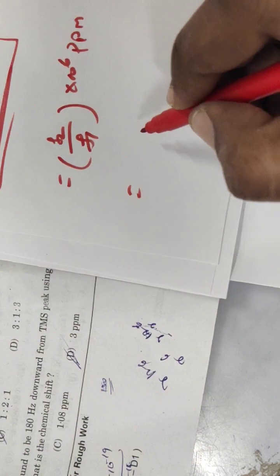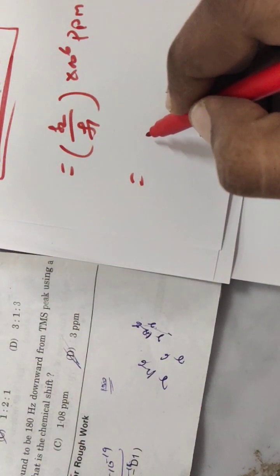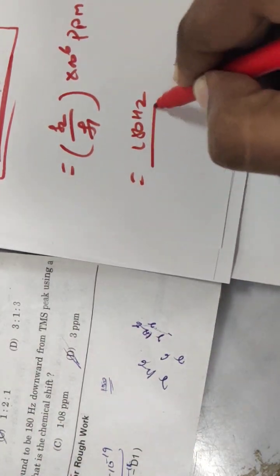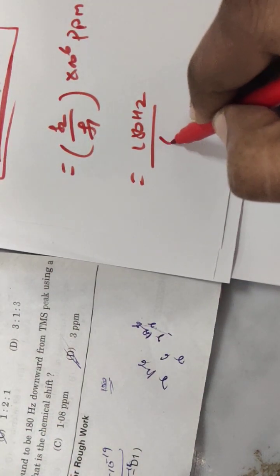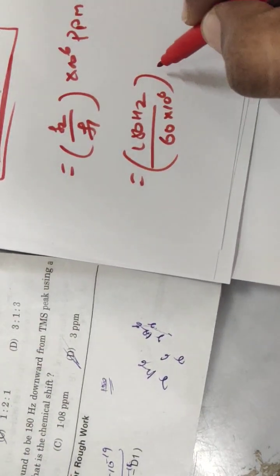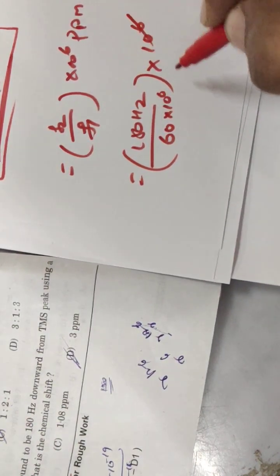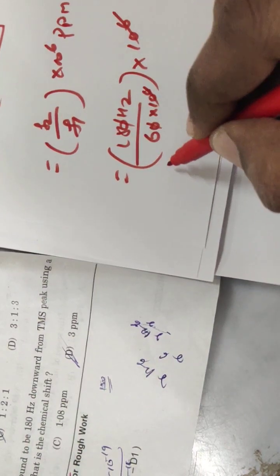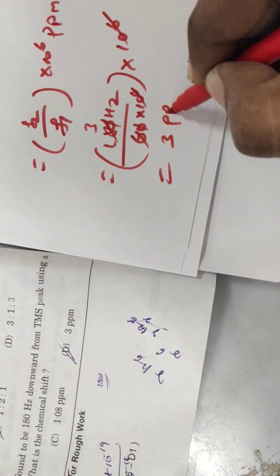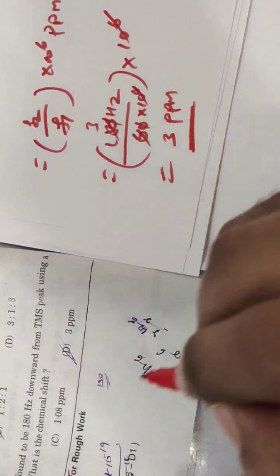So frequency F2 is given as 180 Hz and F1 is 60 megahertz. So 60 into 10 to the power of 6 into 10 to the power of 6, 10 power 6 cancel, 0 cancel, and remaining is 6 3s are 18. So 3 ppm. So option D is correct.